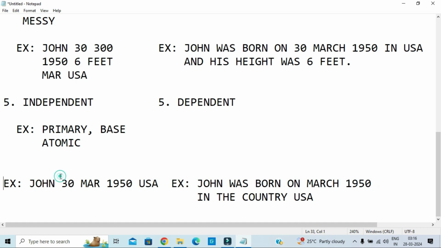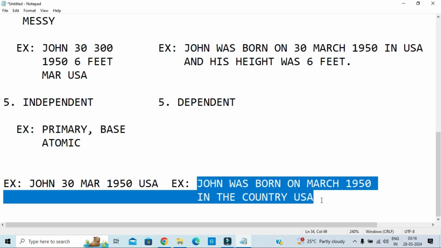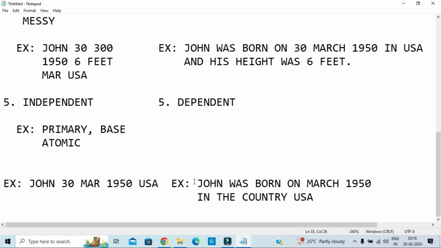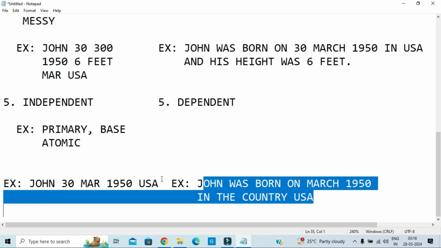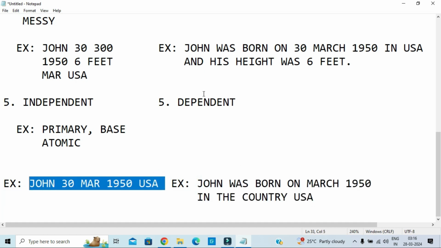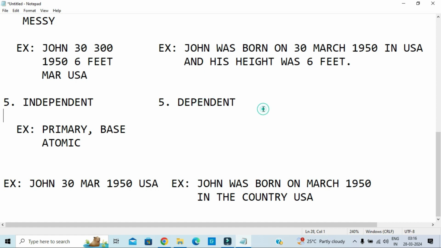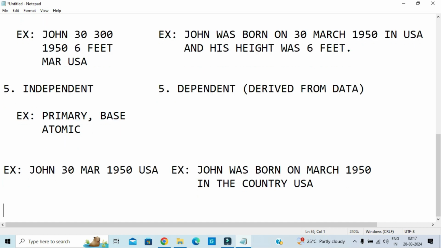Here the data is derived with meaning. This information is completely derived from this data. Hence we say it is dependent. Why? Because it is derived and extracted from data. So remember, information is derived and extracted from data. It is dependent in nature and data is independent in nature.